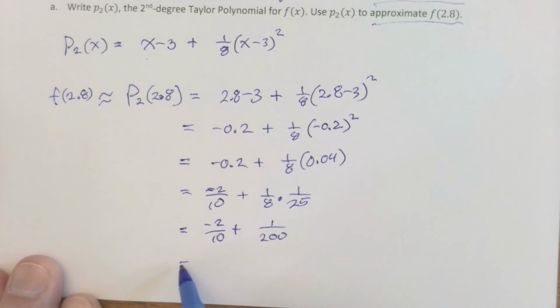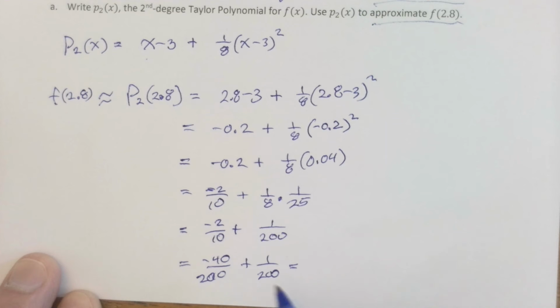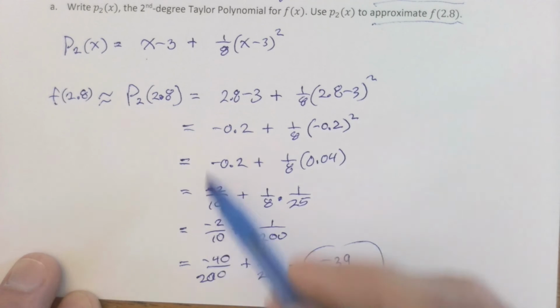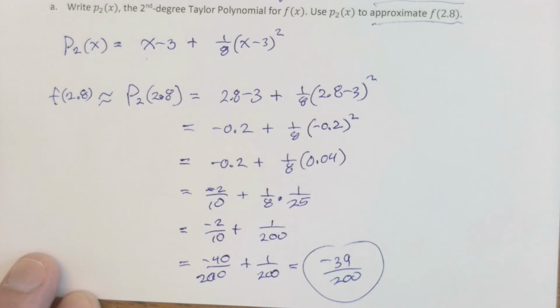So this is negative 40 over 200 plus 1 over 200. Excuse me, I'm multiplying by 20, so this is also 200. That was the point. Anyway, this is going to make negative 39/200. All right, and by this chain of equalities, I think we've done a good enough job to show that this is the approximation for f of 2.8.